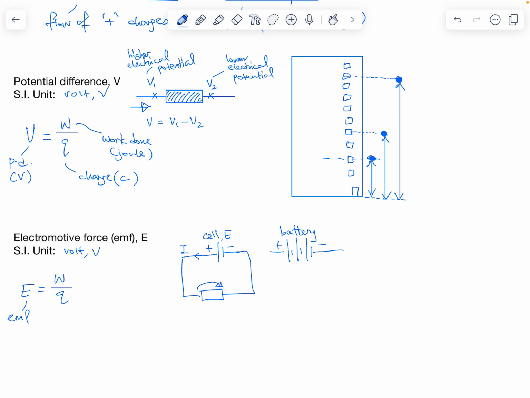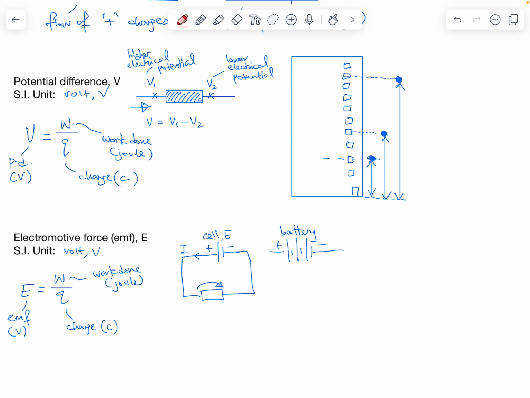So this is EMF, volts, this again is work done, joule, and this again is charge, coulomb. Now at this point, I like to draw the difference between potential difference and EMF. The work done for potential difference is to bring a unit charge across a resistor, a component.